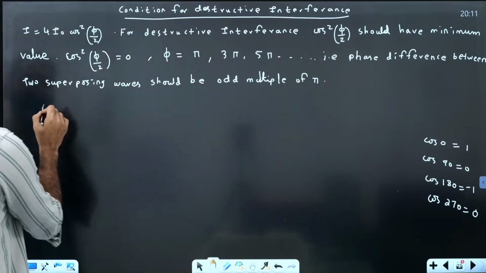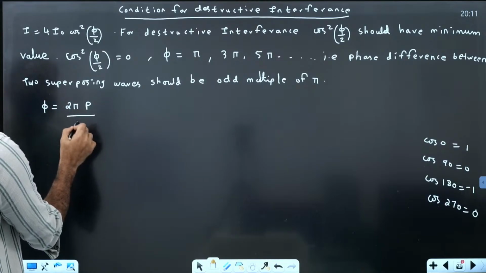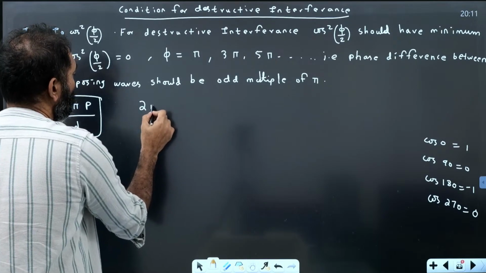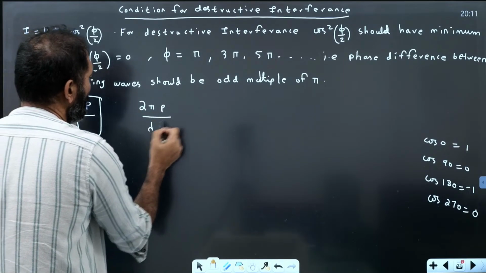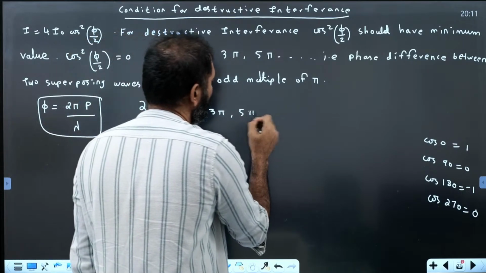Now the relation between phase difference and path difference is phi equal to 2 pi p by lambda. So 2 pi p by lambda is equal to pi, 3 pi, 5 pi, etc.